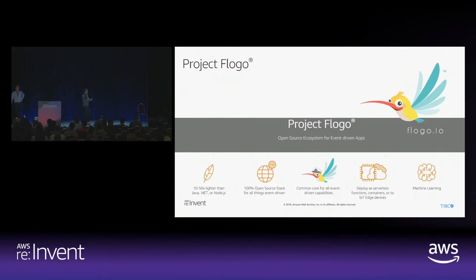If you look at traditional Java apps and things like that, enough of that, right? Where you've got a JRE that's 190 megabytes, consuming at least several gigabytes of RAM on your application. So 10 to 50x lighter from a footprint perspective was one of our goals. Another thing we set out to do was make this an open source project from the beginning.